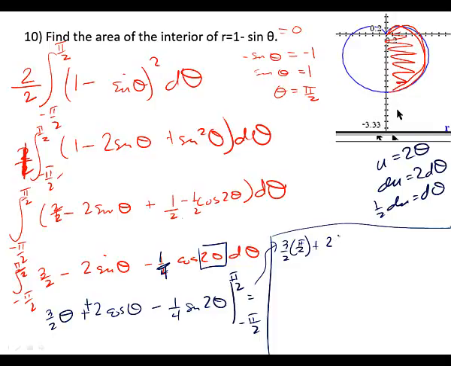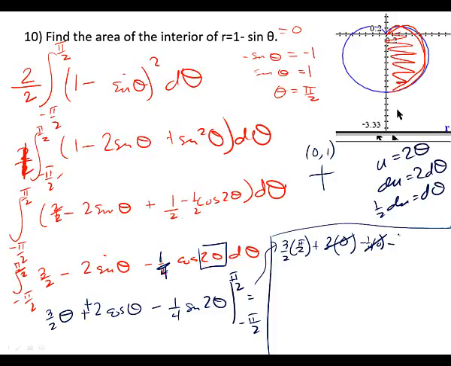What's the cosine of pi over 2? 0. So that's going to go away. Minus 1/4 sine of 2 theta, so sine of pi. What's the sine of pi? 0. Also 0, so that goes away.